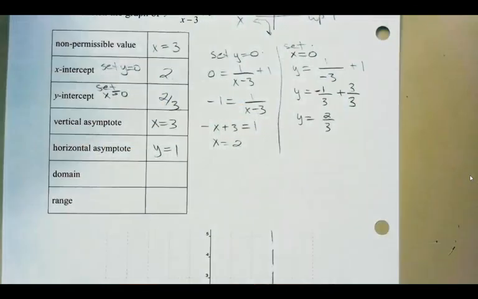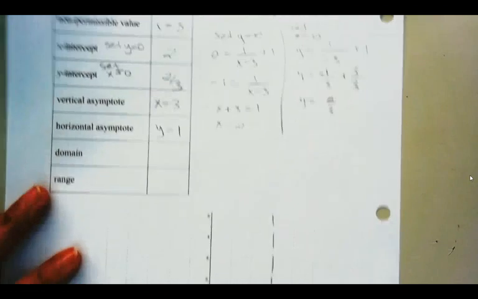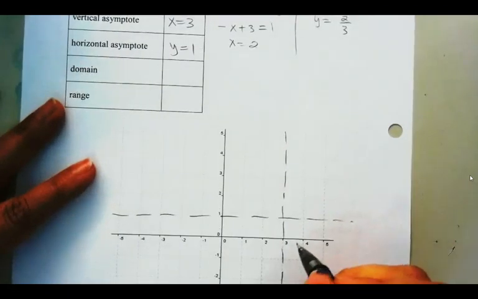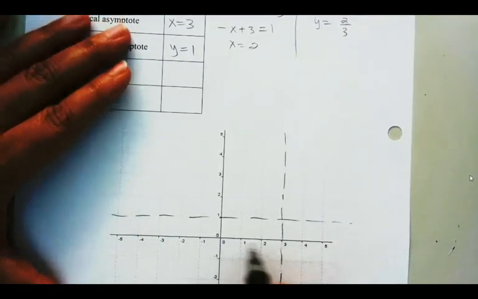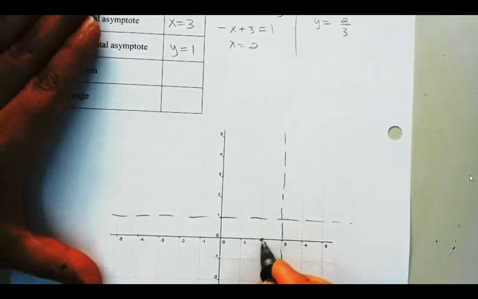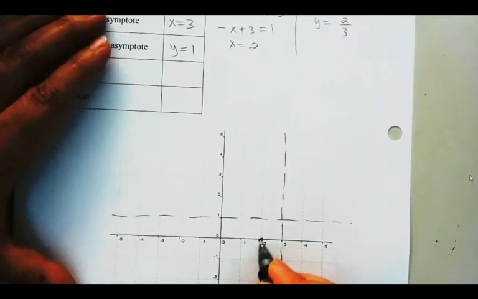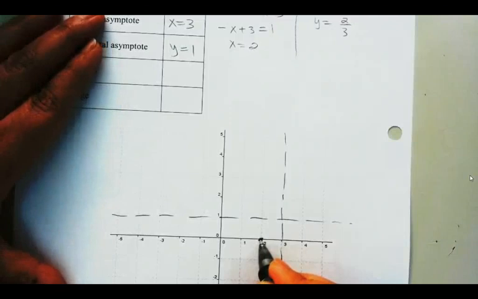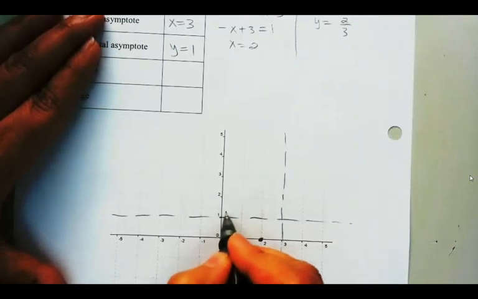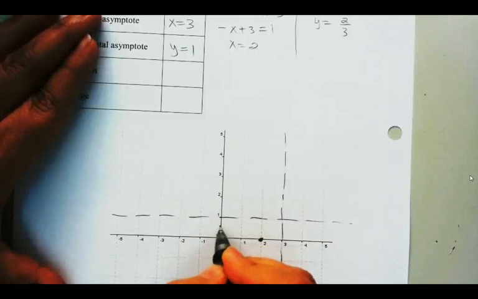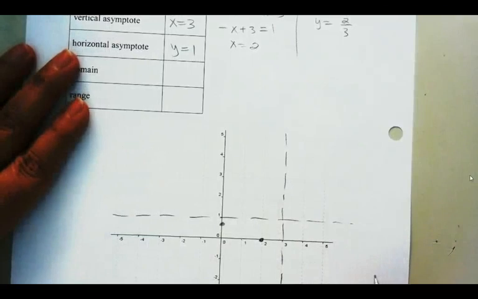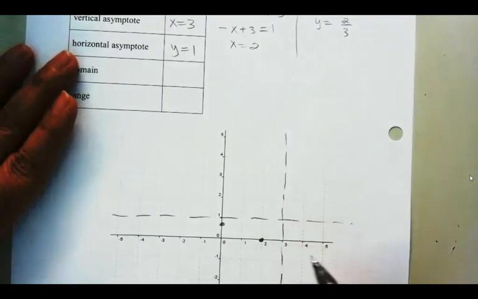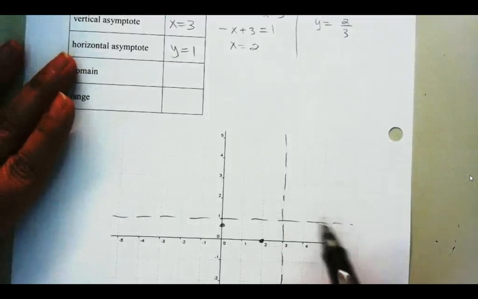Let's plot these points so we have a couple of nice points on our graph. My x-intercept is when y is 0, so x is equal to 2. My y-intercept is when x is equal to 0, so 2/3. That's right around here. Now I need a point over here in this quadrant.